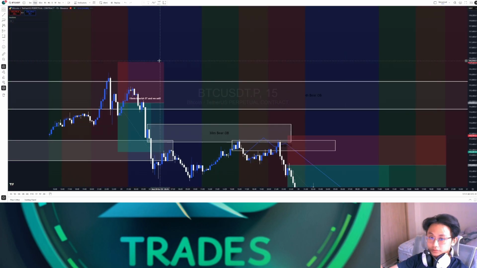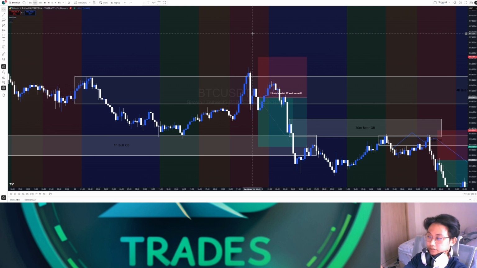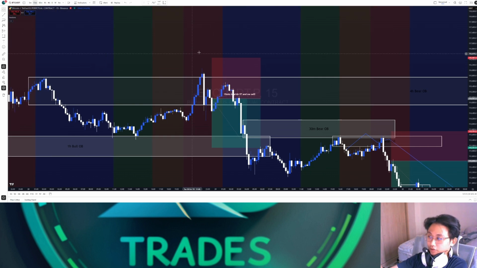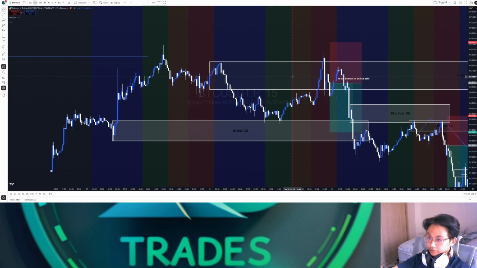Let me see here. So as you can see on the 4 hours, price sweep the top of the 4 hour bearish OB. Okay, and yeah, after it came down and retested, I just entered for sales.